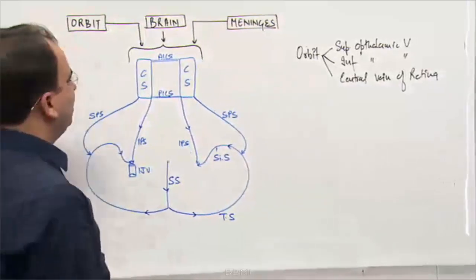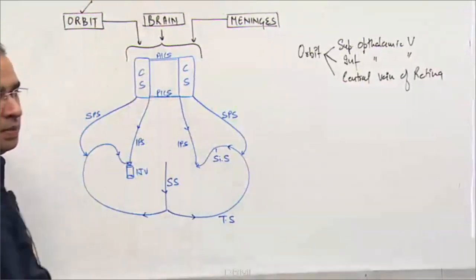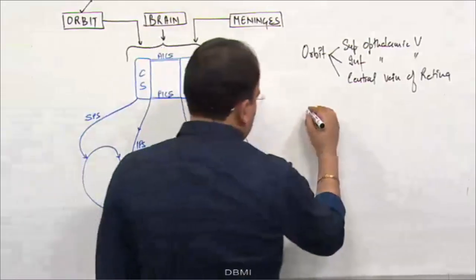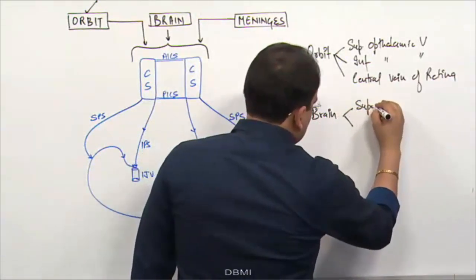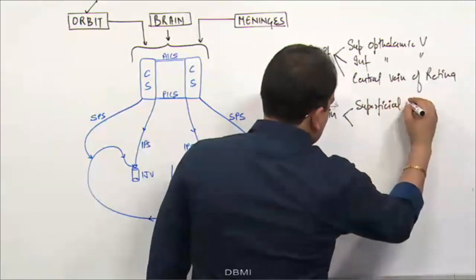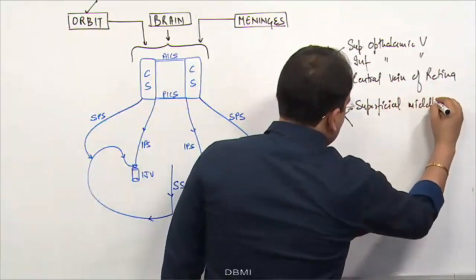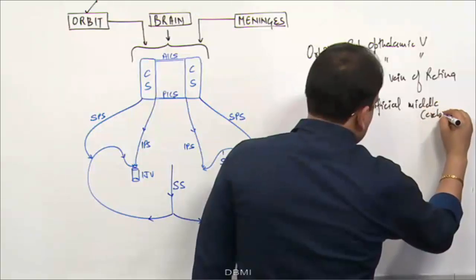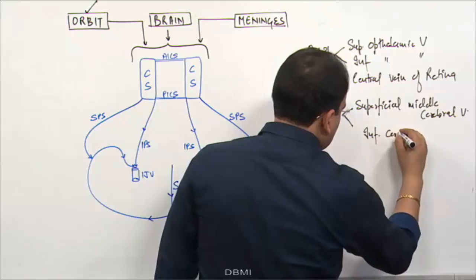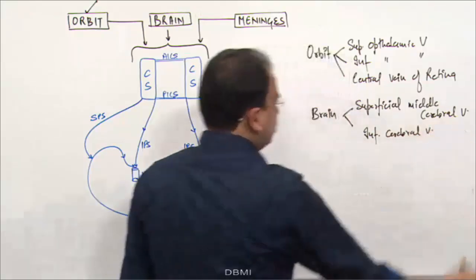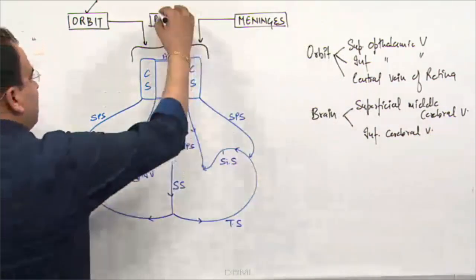That is the contribution from the orbit. From the brain, there are the superficial middle cerebral vein and the inferior cerebral vein.